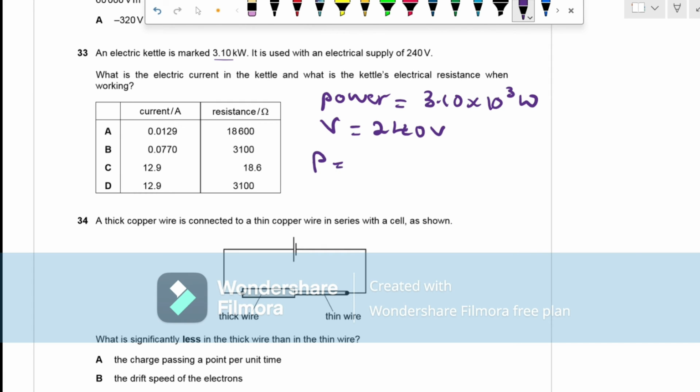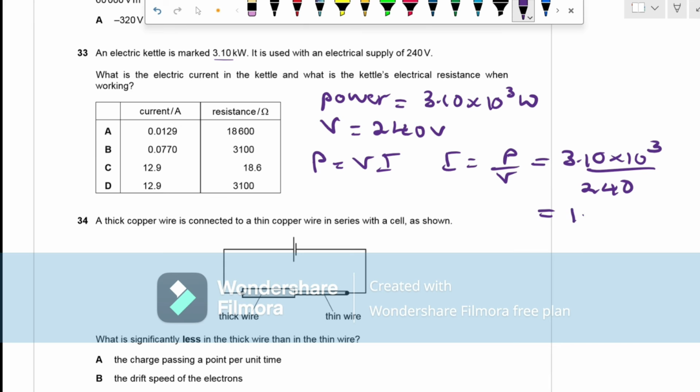I know that power equals VI, so I equals power divided by V, which is 3.10 times 10 to the power of 3 divided by 240. That gives me 12.9. So the answer is either C or D, but these two are definitely wrong.